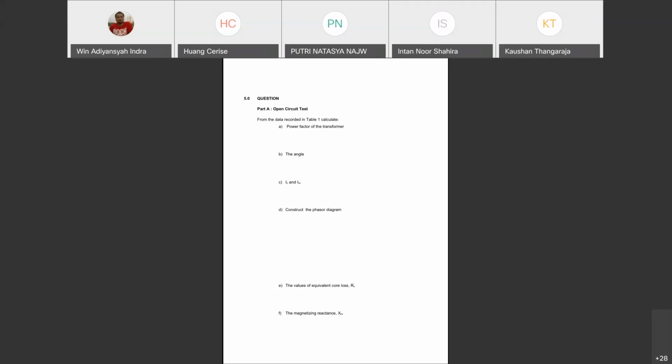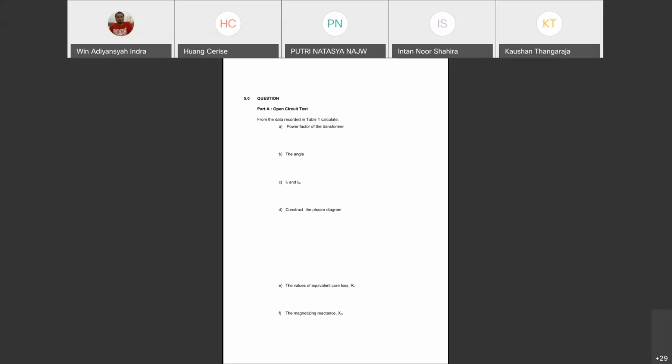So in order for you to understand chapter 2, you must understand chapter 1. And in order for you to understand chapter 3, you must also understand chapter 2 and chapter 1, because it's related. For example, the first question here, power factor of a transformer, you will not find it in the chapter 3 slide, but you will find it in the chapter 2 slide.